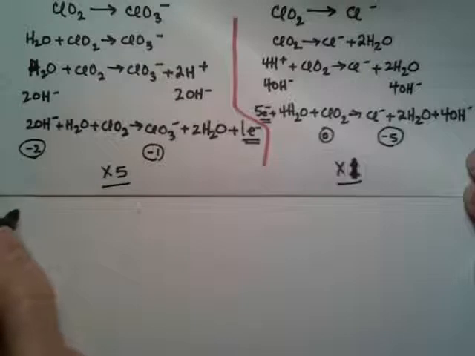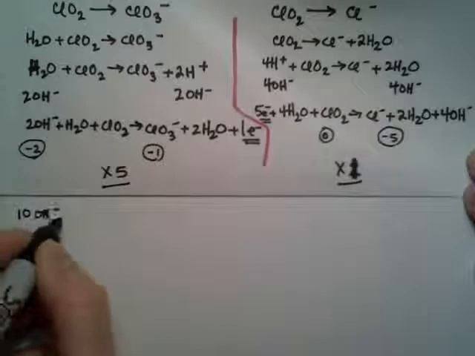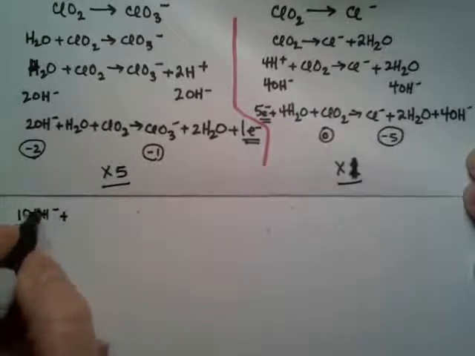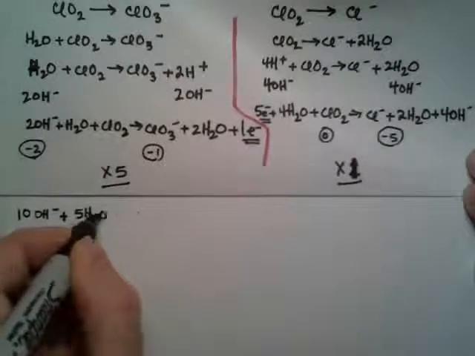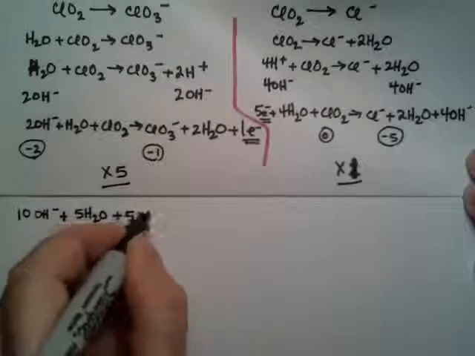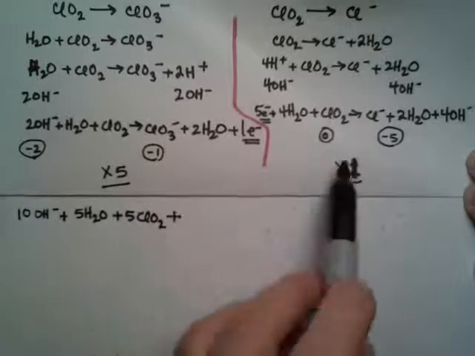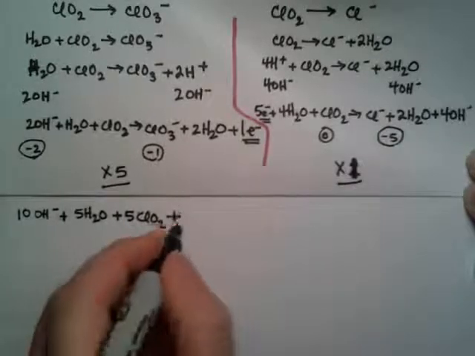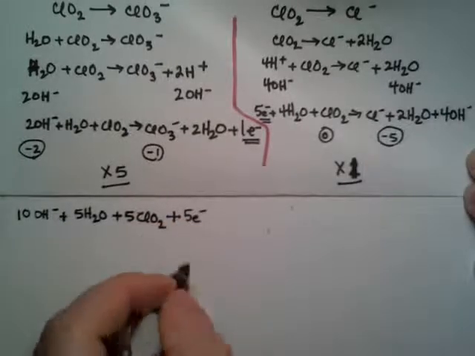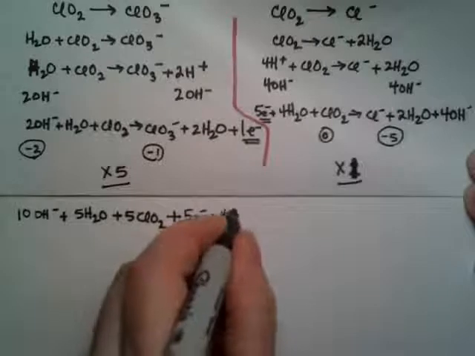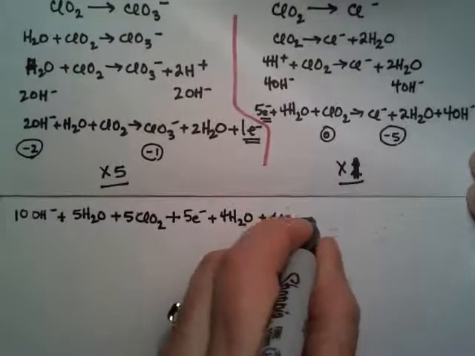So we have 10 OH- plus 5 H2O plus 5 ClO2 plus, going to the other side, it's multiplied by a 1. Oh, I have the hiccups, excuse me. 5 electrons plus 4 H2O plus ClO2.